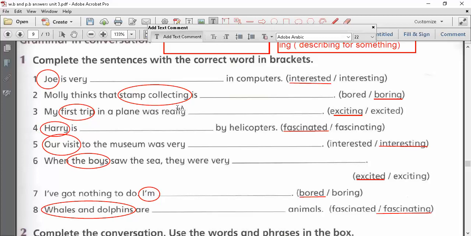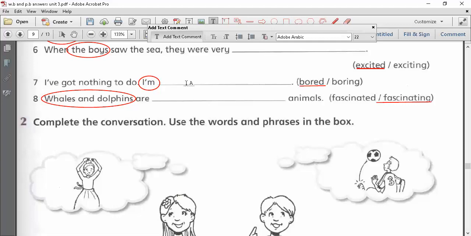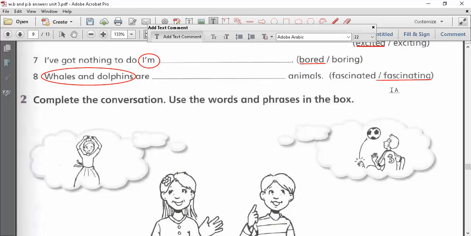Stamp collecting is boring with ing because we talk about a thing. My first trip is a thing, so we use ing. Harry is a person, we use ed. Our visit is ing. When the boys, ed. I am bored because I'm describing my feeling. Okay. Whales and dolphins with ing.